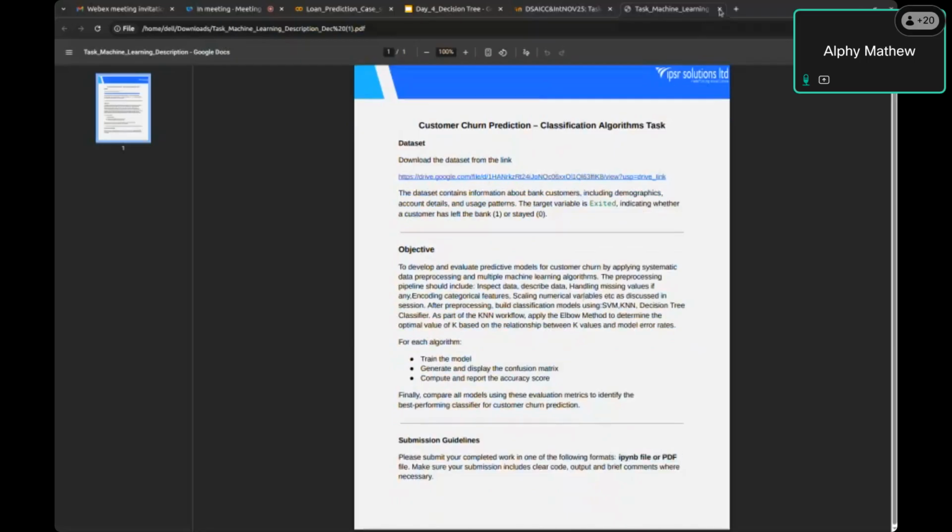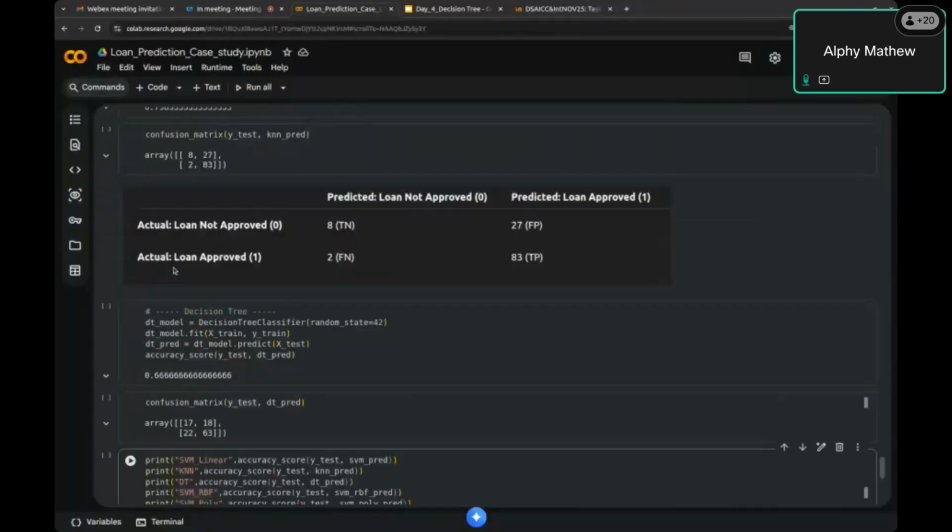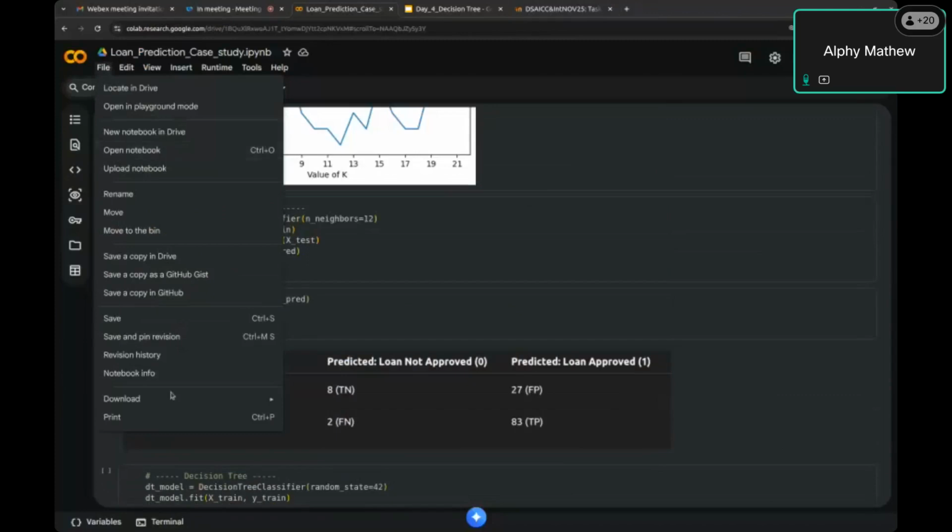I think when I introduced Colab, I showed you. You do the task in the Colab file, then go to File, then download IPYNB, this one. Download it and upload it in the LMS. Or you can give a print here, and it will come in PDF format.